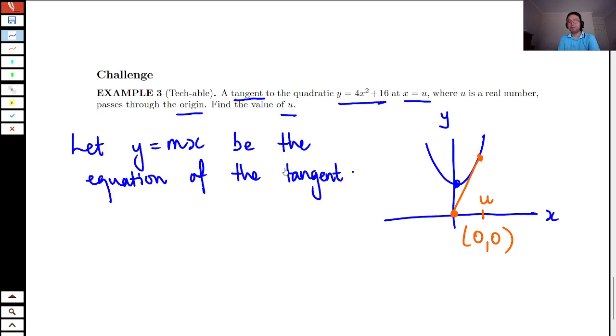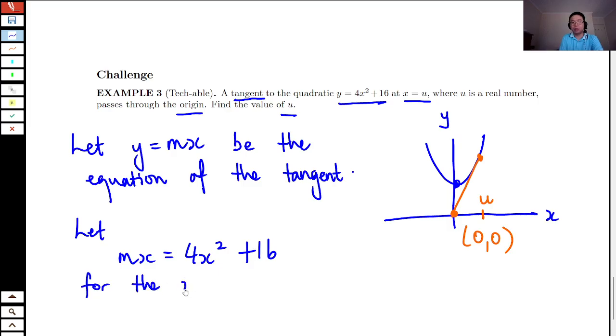Now, we also know that the equation mx equals 4x squared plus 16 defines the point of intersection. Now this is a quadratic equation.